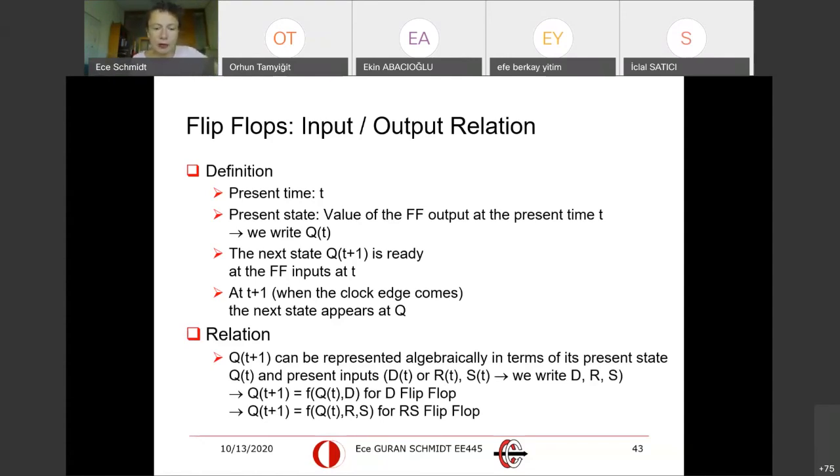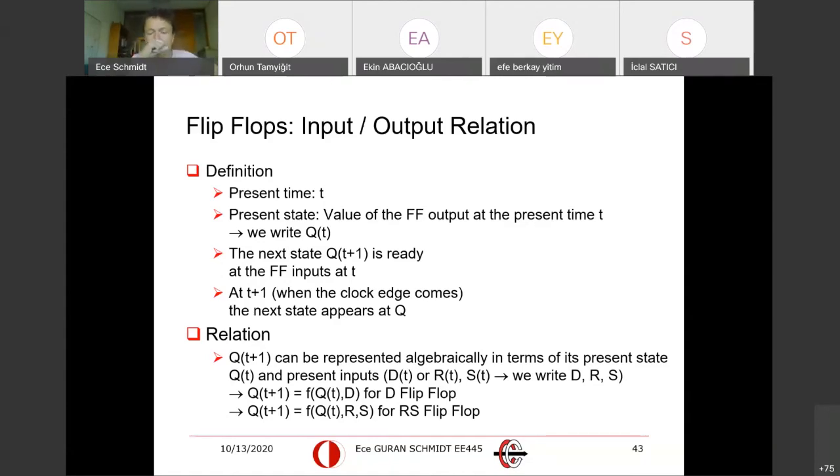So if you think about this, Q of t plus 1, we built all these flip-flops. The next state is represented algebraically in terms of its present state and the present input. What I mean by inputs are now the inputs of the flip-flop. So I see the single flip-flop as the sequential circuit.